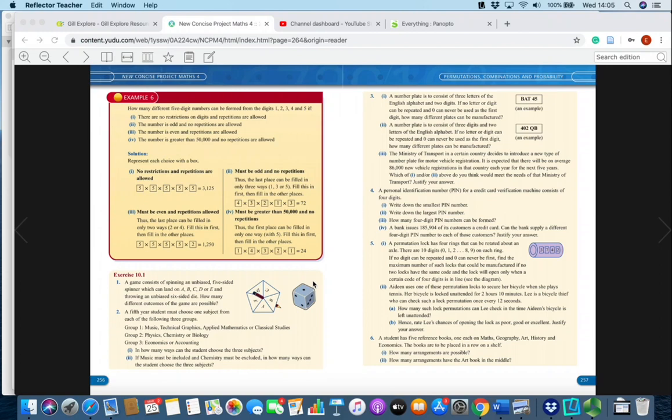Okay, let's have a look at some of these examples and see what could be done. Question 4 is worth doing.